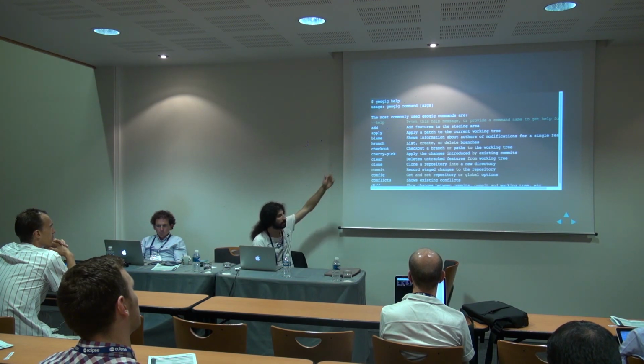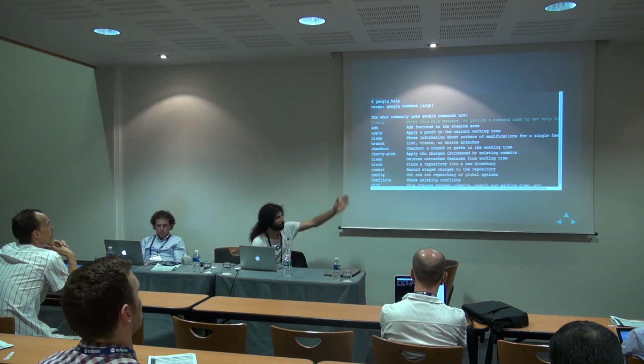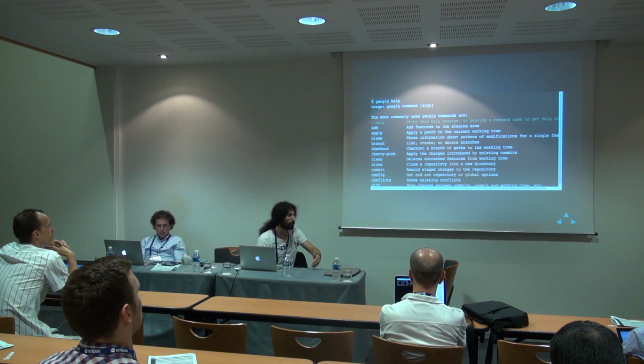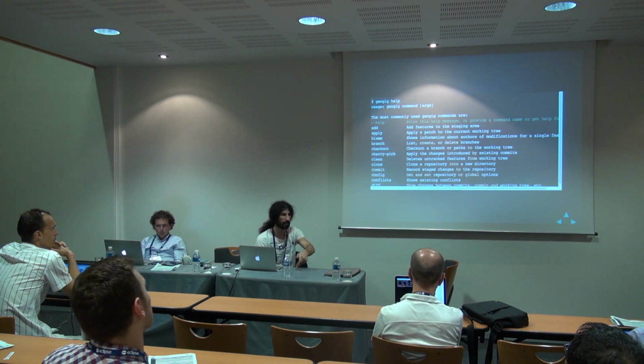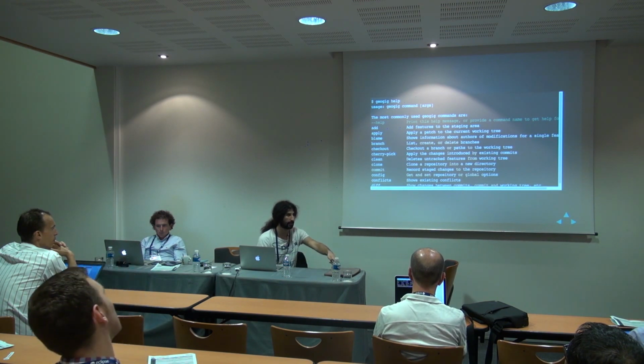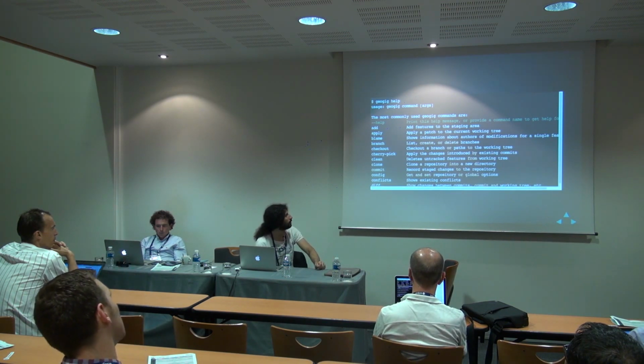You can have an add, which is the command that you use to move things to the staging area before making a commit. You have a blame command that allows you to see who has changed that. So you take the feature that represents, let's say, a street, and you say who has changed this attribute in this street, and it just gives you the information that it was this person, and it changed at this commit, which was made at this time, right? So you can actually see who has done anything.